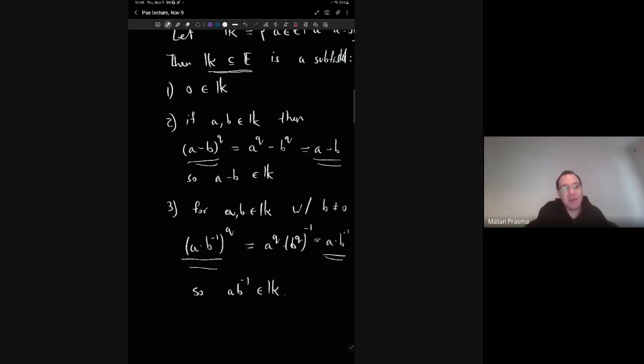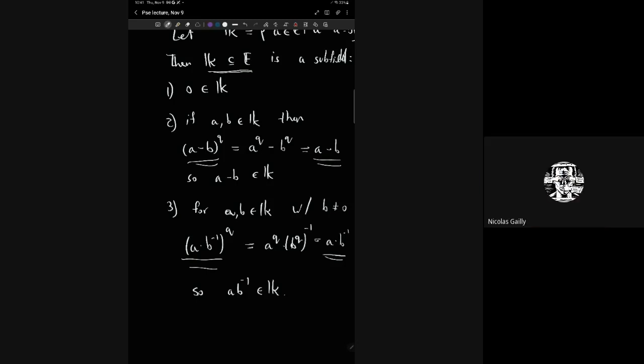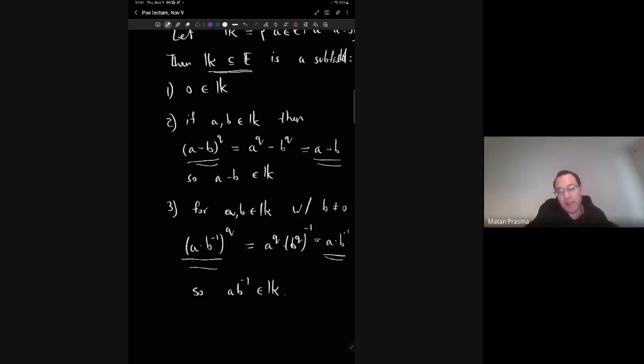K is defined to be the set of all roots of the polynomial f over E. Right? I take E as the splitting field of f, and I know that f does not have repeated roots, in fact. And so now I look at the set of all roots.